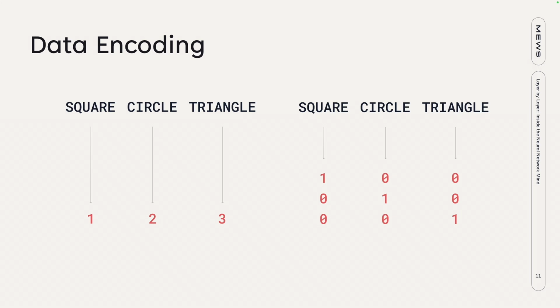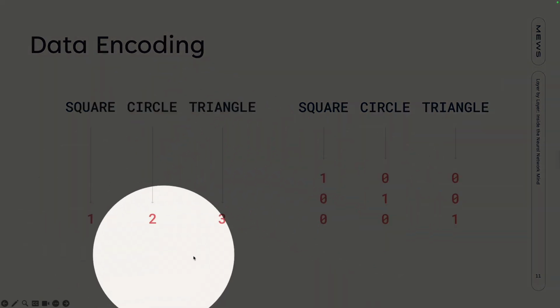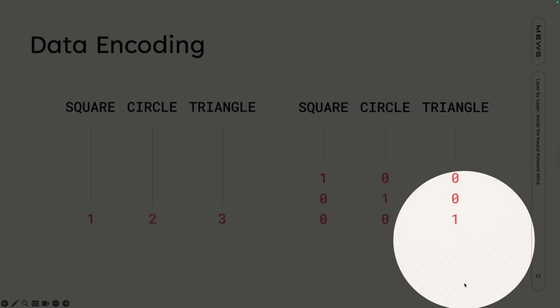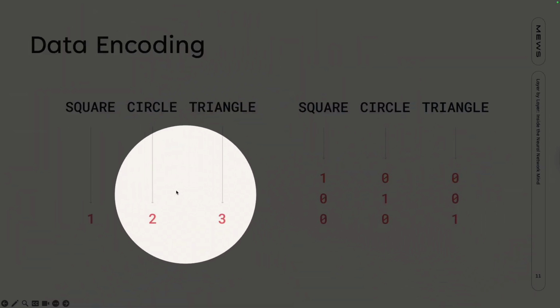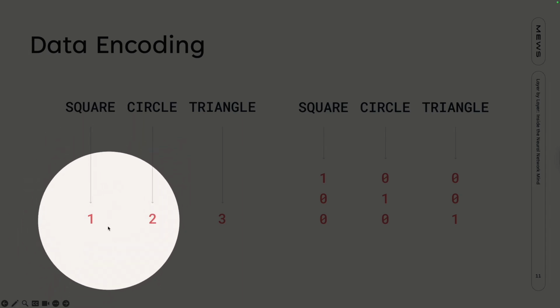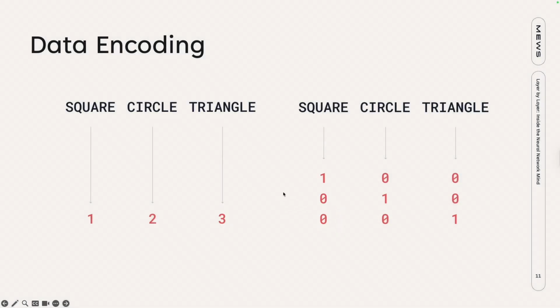Because in this example, which is called label encoding, just for the context, this one is called one-hot encoding. So in the label encoding, you can see that we are using numbers like 1, 2, 3. And the problem that may happen is that the neural network is going to start seeing some kind of pattern in terms of ordering.